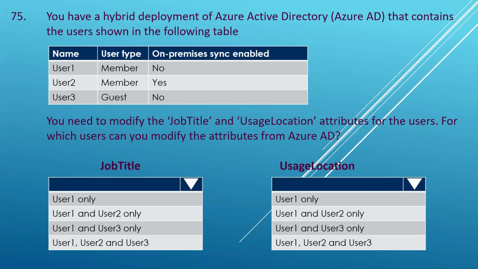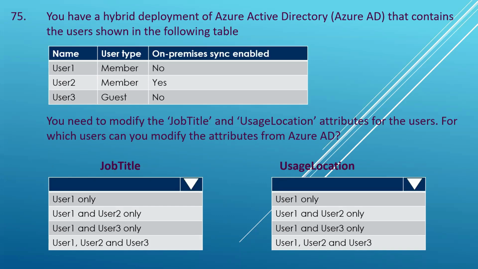You need to modify the job title and usage location attributes for the users. For which user can you modify the attributes from Azure AD? For the first part of this question, the attribute that you are modifying is job title. In the answers, you have a combination of different users.